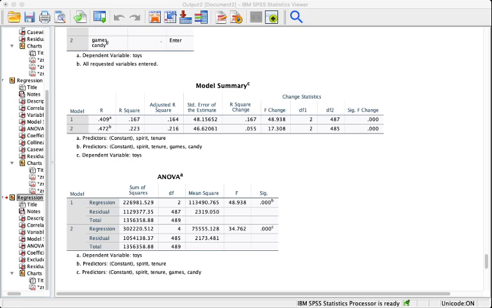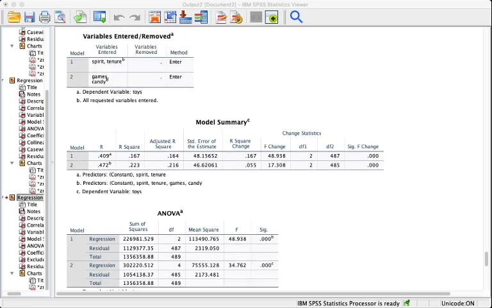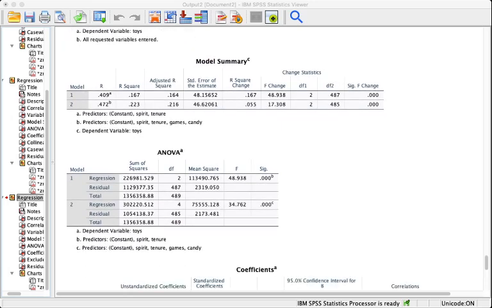So again, it's that above and beyond, or uniquely. And we know that that is a significant amount of variance because of the significance of the F change. If we just want to know if the model overall, the model with all four things, is significant, then we instead would look at this ANOVA table at model 2. So here we have everything combined.